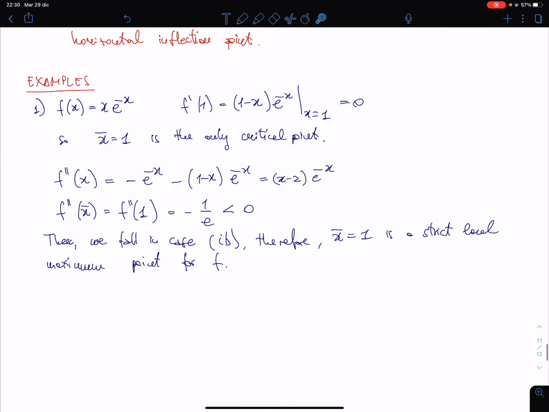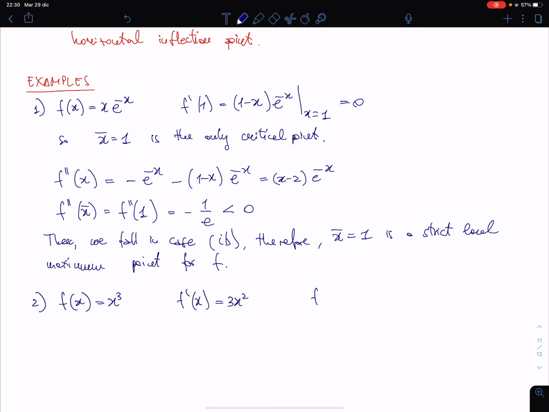Then another example, second example, f of x is equal to x cubed, for instance. So f prime of x is equal to 3x squared.